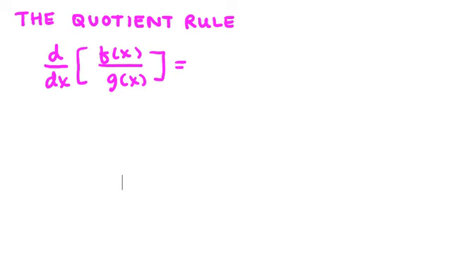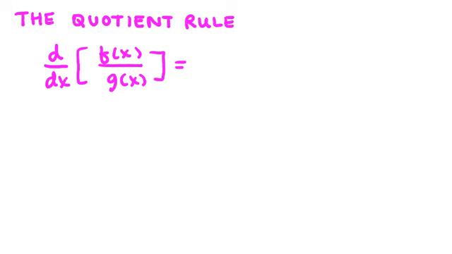If you're interested, you should go into my channel and search for the quotient rule proof, product rule proof, or power rule proof. That's where you'll find the proofs of these things, because it would be remiss of me to give you these rules and not show you why they're true. I'm always going to show you why stuff is true. I just might not include it in the primary video.